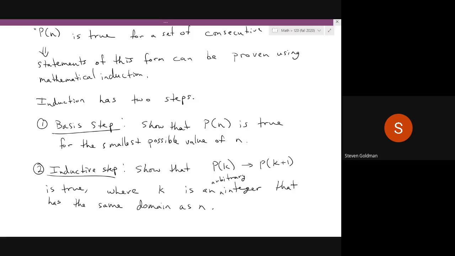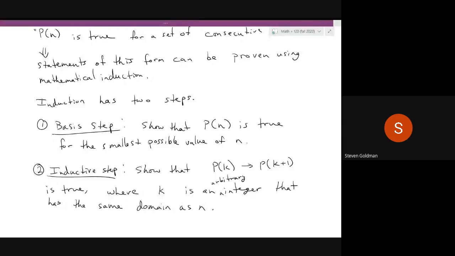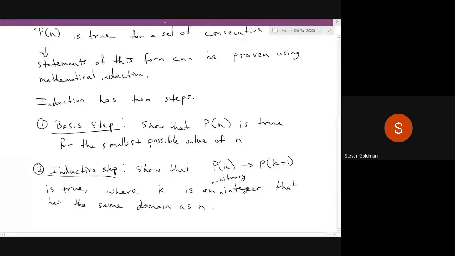It's sort of like you're setting up a domino effect. The second step tells me that if P of n is true for some value k, then it must be true for the next value, k plus 1. Combine that with the first step, which tells me that P of 1 is true, that the first case is true.